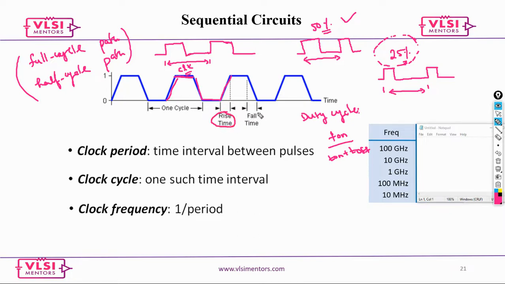Now you might wonder, do we really bother about this rise time and fall time? Yes, we do. So there is another homework for you. Say this is your signal: case one, case two, and this is case three.